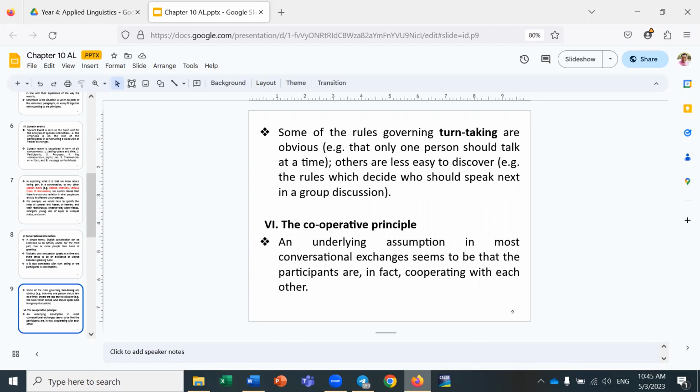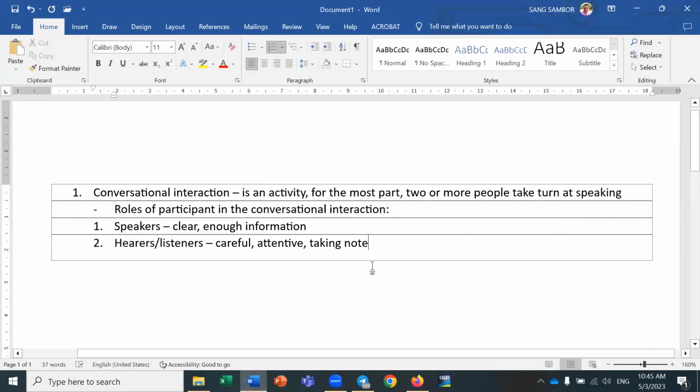Together with this one, we also look at another key term, which is called the cooperative principle.